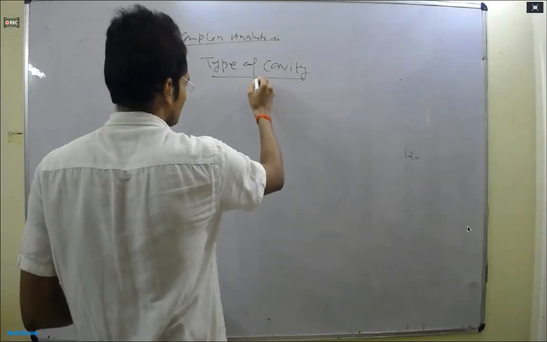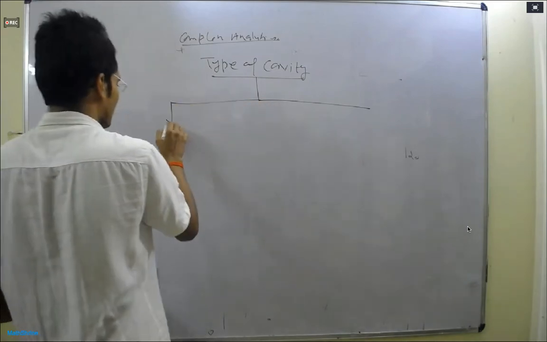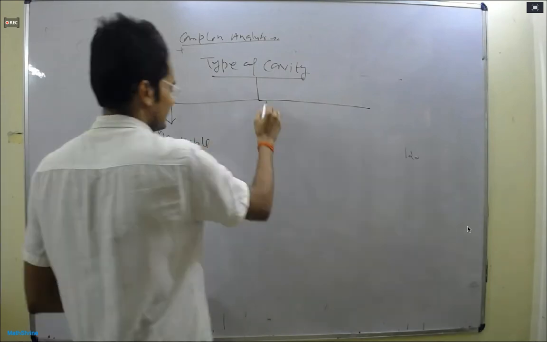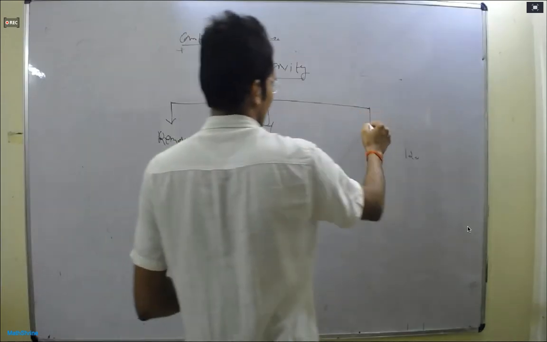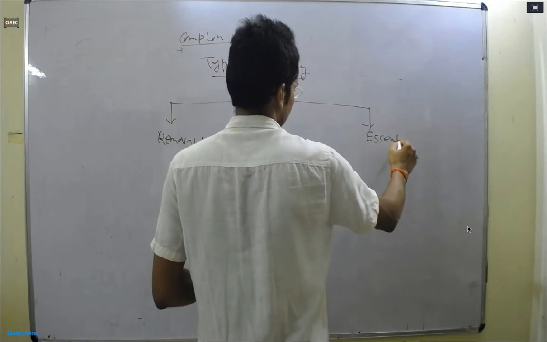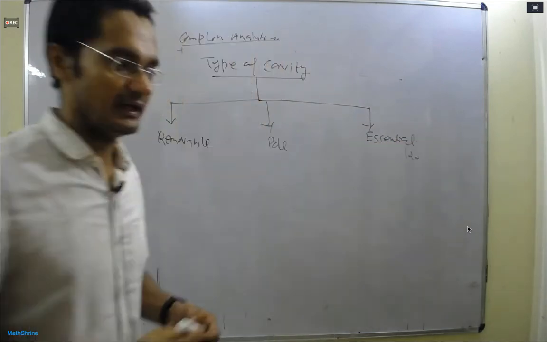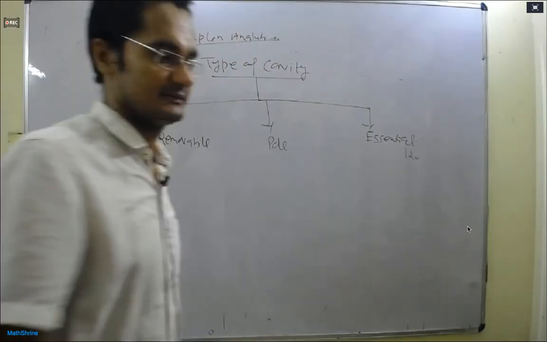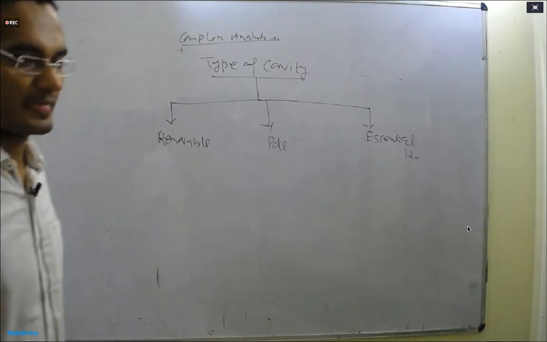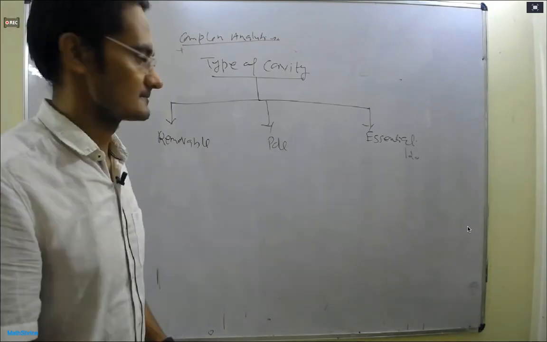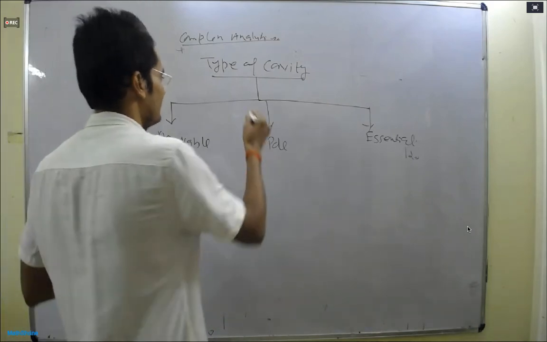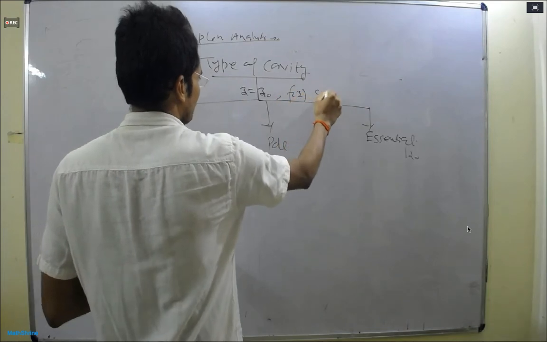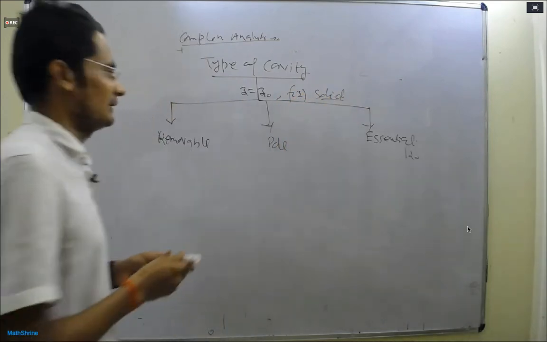So we have three kinds of cavity. The first one is removable, the second one is pole, and the third one is essential. These three kinds are there: removable, pole, and essential. Under what condition does a function f(z) at a point z equal to z naught have a removable singularity?